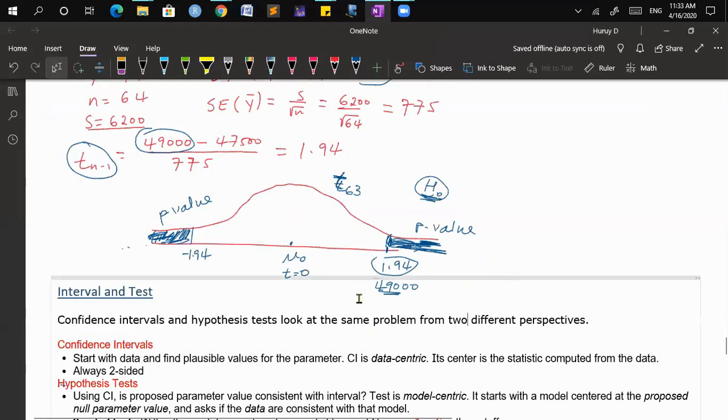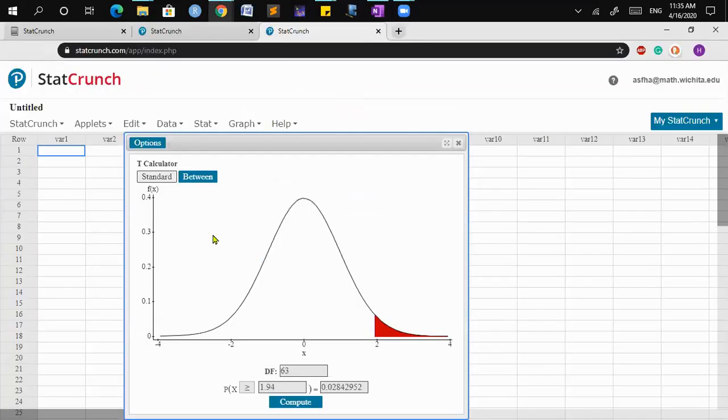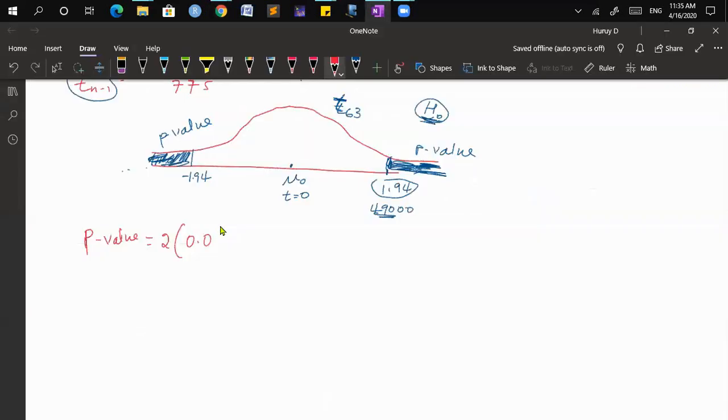Here we have p-value equals 2 times 0.028, and this is 0.056.